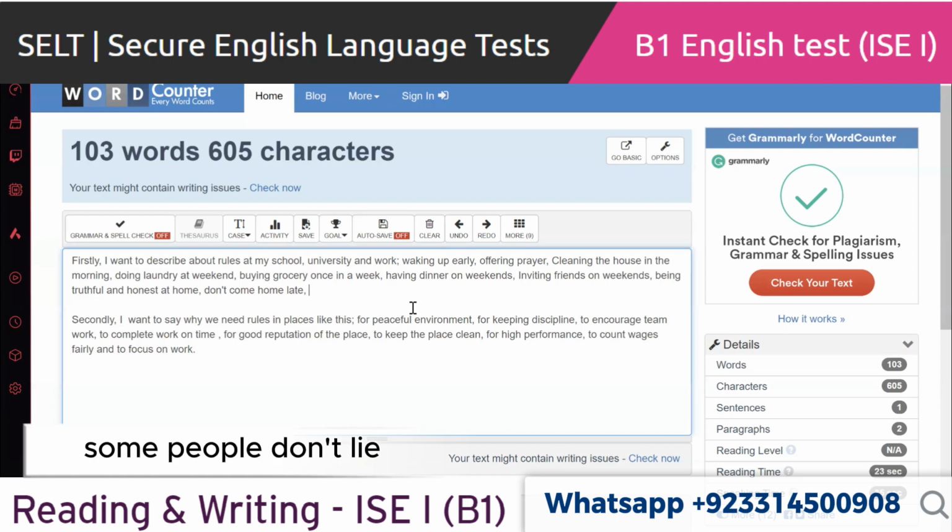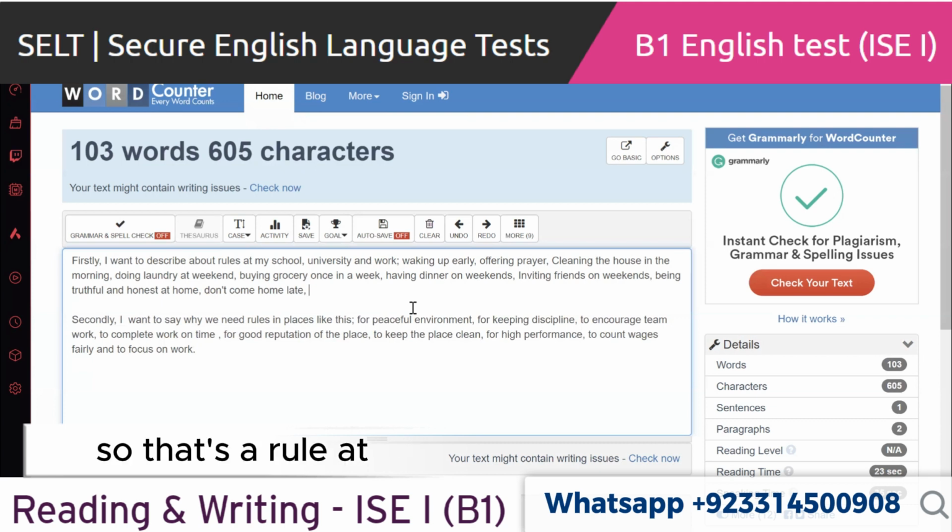Don't lie and be truthful. I think some people also have a rule that you can't smoke at home. Watching movies or TV together. She's a mom, so she knows that the parents have to allow specific hours for watching TV. So you can watch TV for an hour or two.